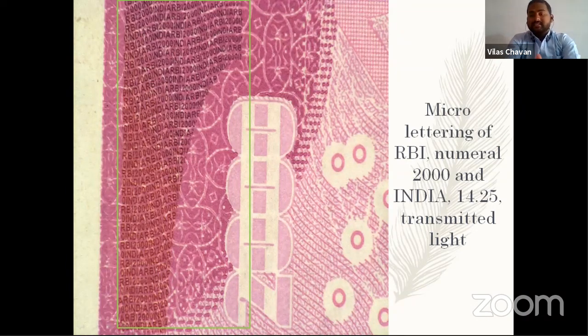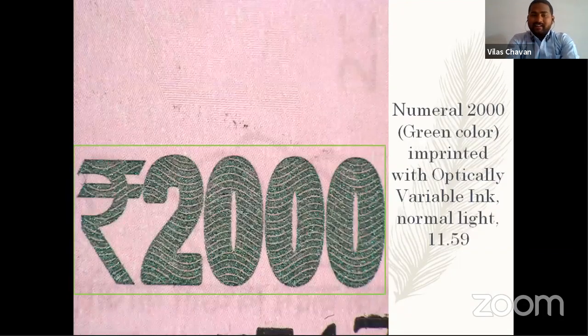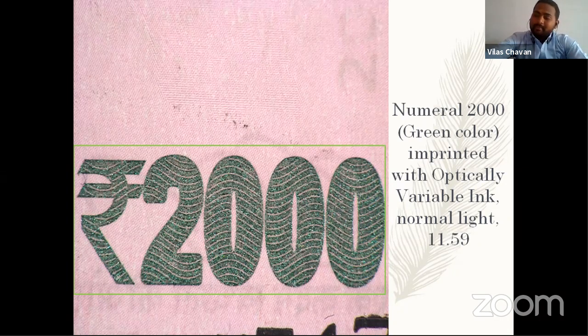Then comes the micro lettering of RBI and numeral 2000 and the word India, which is observed in transmitted light. Then here is numeral 2000 in green color, imprinted with optically variable ink, observed at high magnification power and normal light. Optically variable ink uses mica-based glitter, and this ink is also called colored magnetizable ink.